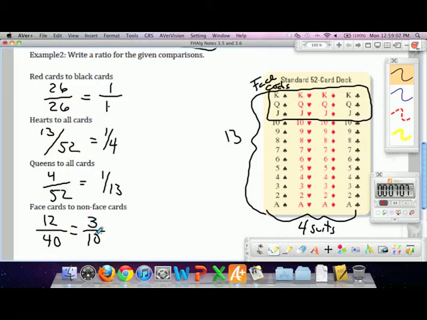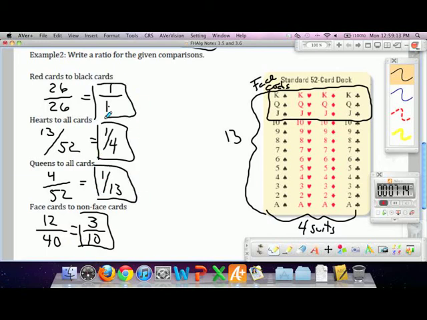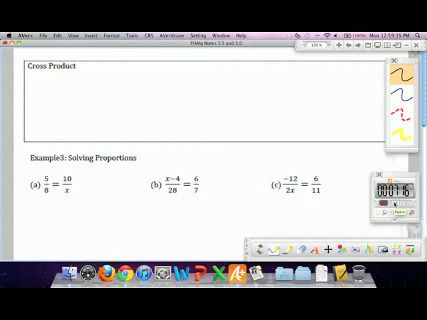Yes. One strategy, folks, one strategy for solving a proportion is to use what's called a cross product.